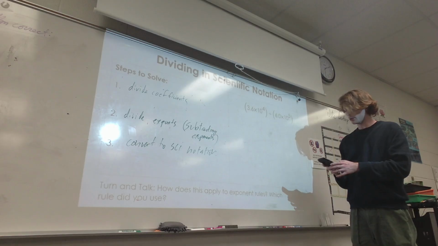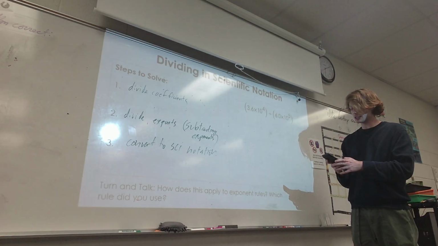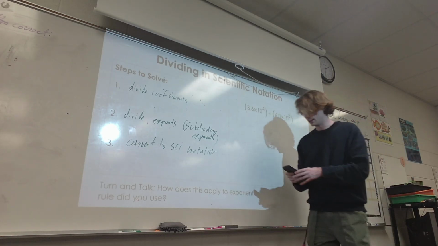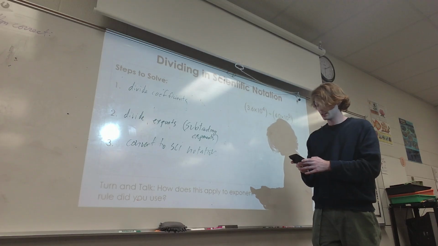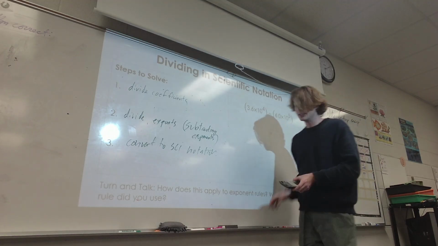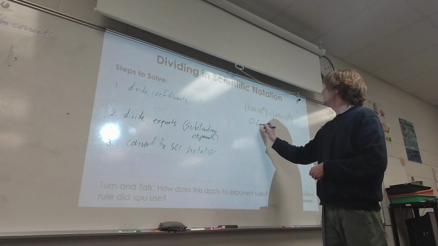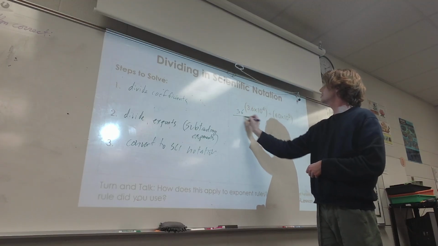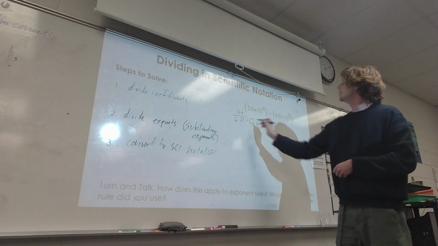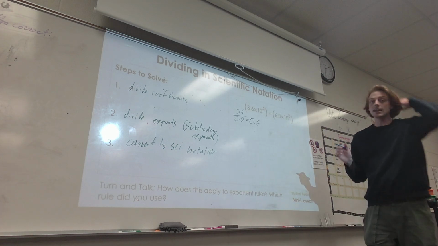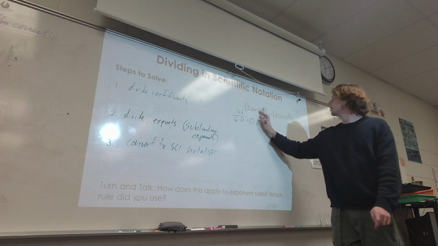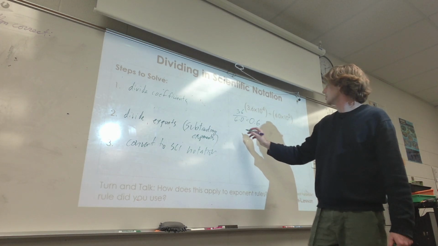Go to my calculator, 3.6 divided by 6.0. 3.6 divided by 6.0 is 0.6. So 0.6 is 3.6 divided by 6.0, 0.6.